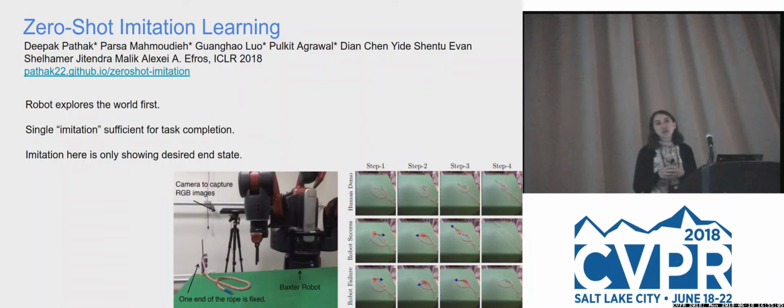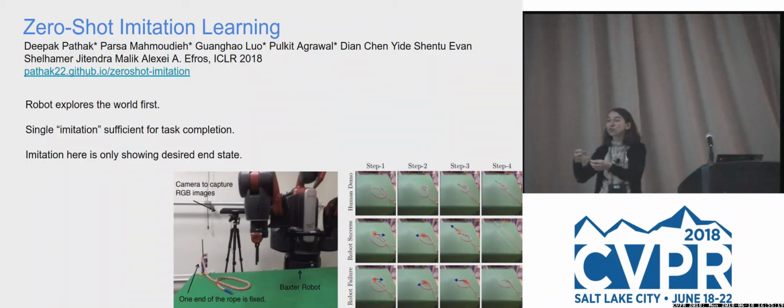And this is a very nice way of formulating imitation learning because of the third-party problem. So if I'm to demonstrate to a robot how to tie a rope, I would do it with my own hands. That would be different features and so on. So it's very hard to match those. So instead, they're only matching a set of states that they want to accomplish.